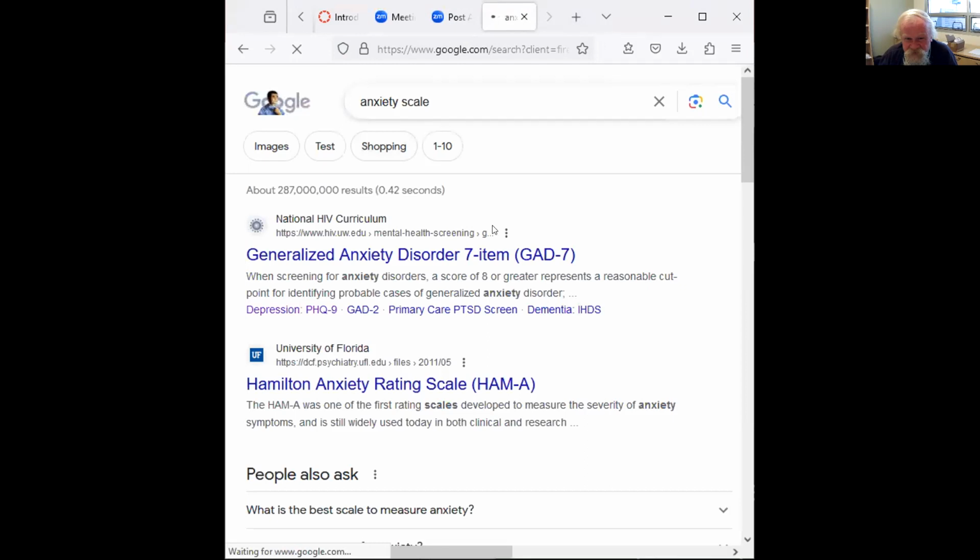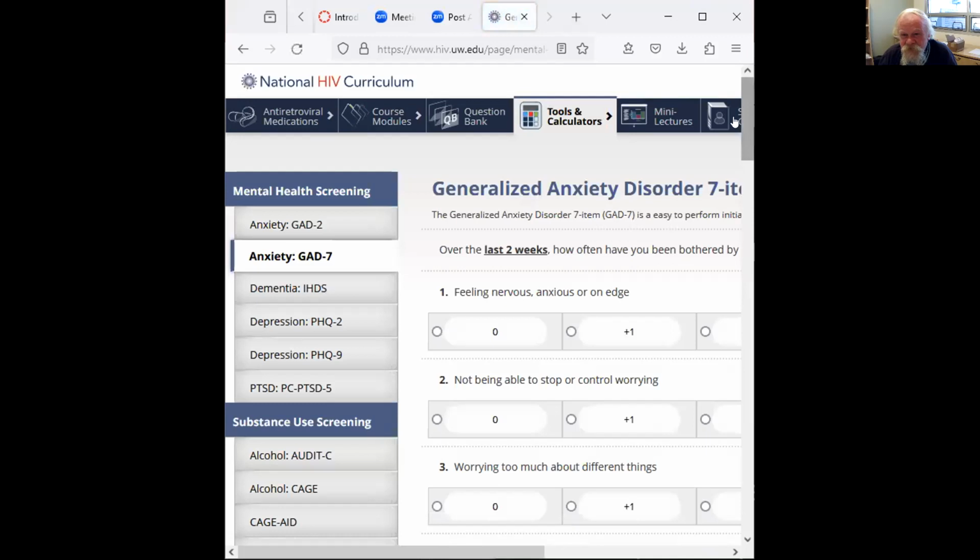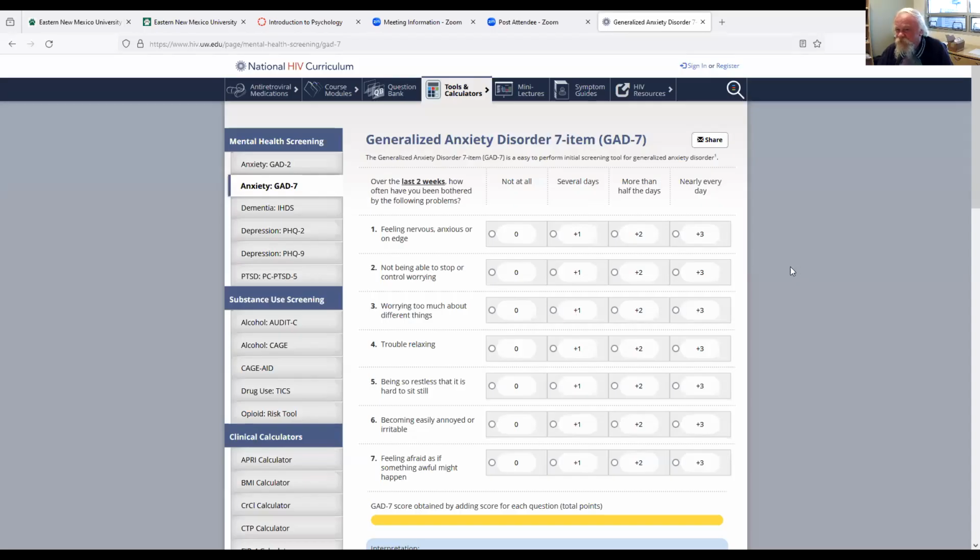Okay. Here's one with 7 items. It's called the GAD-7, Generalized Anxiety Disorder. All right, let me make this bigger if I can. There we go. All right, so this has 7 items, and people are rating their answers to these items on a scale from 0 to 3.